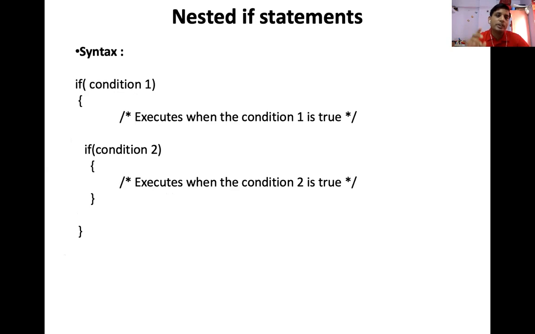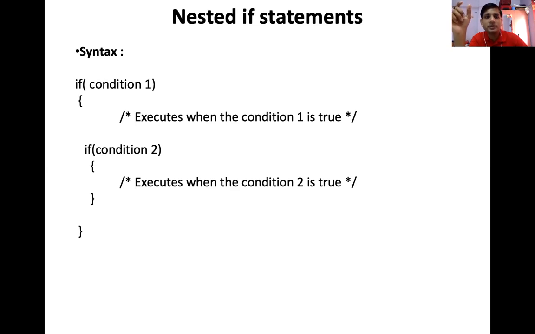Got it? So suppose we want to check the biggest number of 3 numbers. Three numbers are given, and you want to check which is the biggest. First we compare the first two numbers.